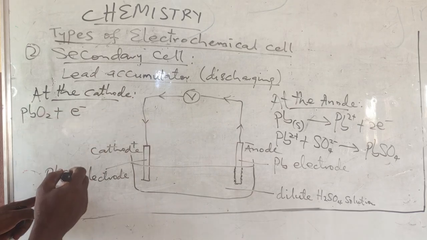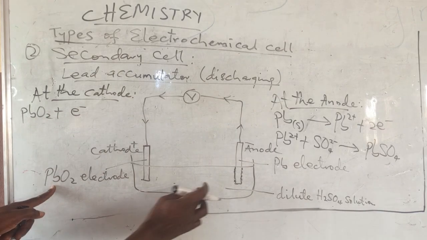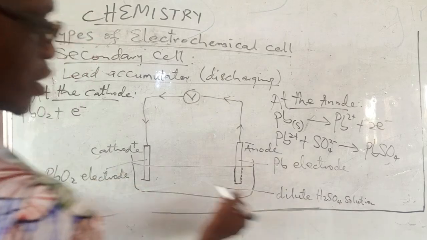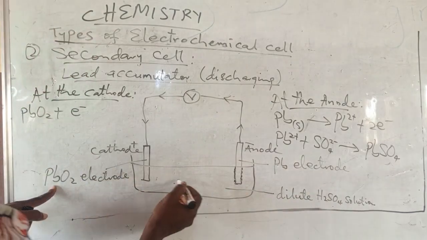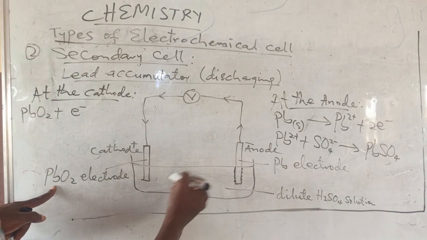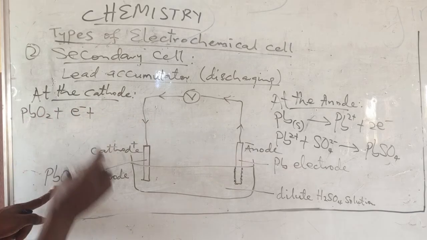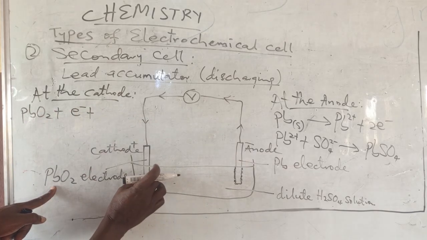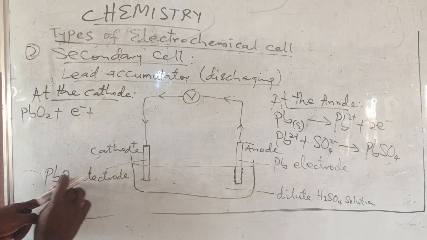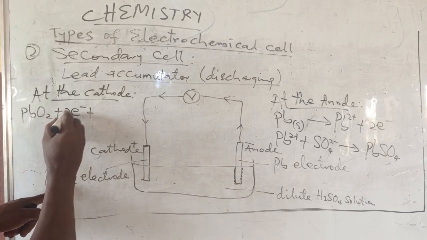They are coming there. And then hydrogen ions in this electrolyte will also come up. They will come up and react with the oxygen here and with those 2 electrons.